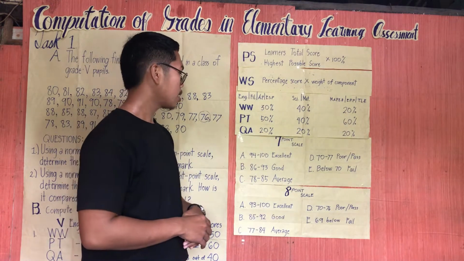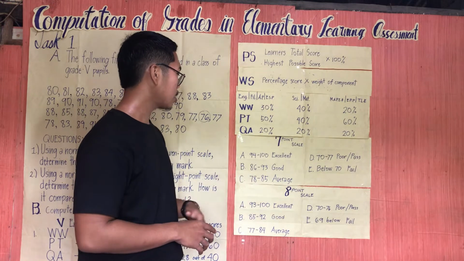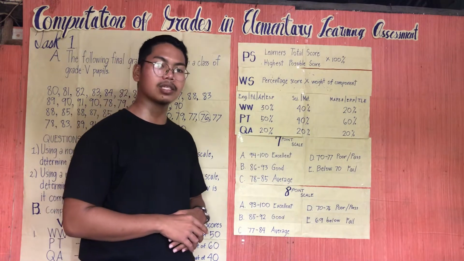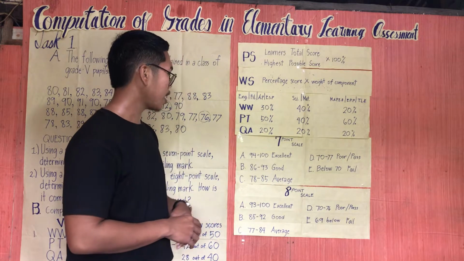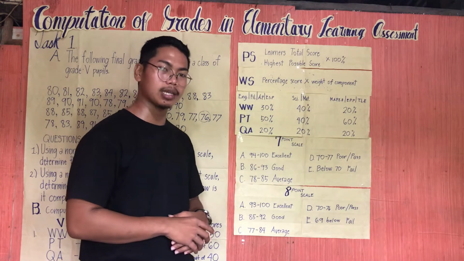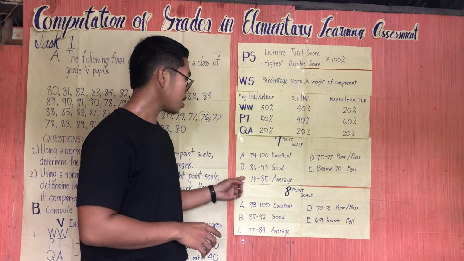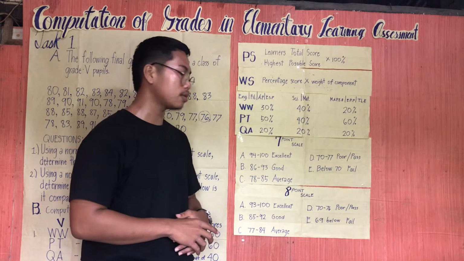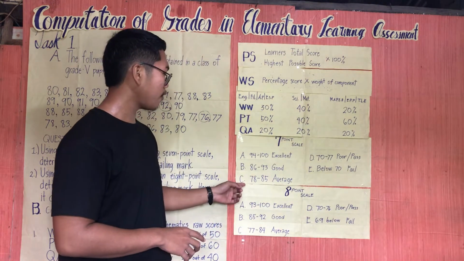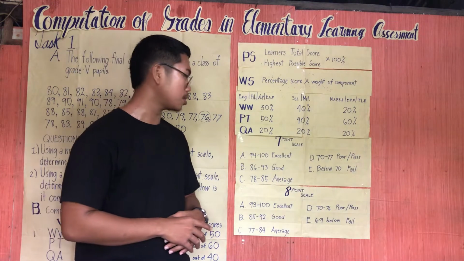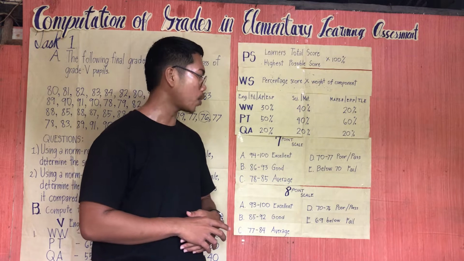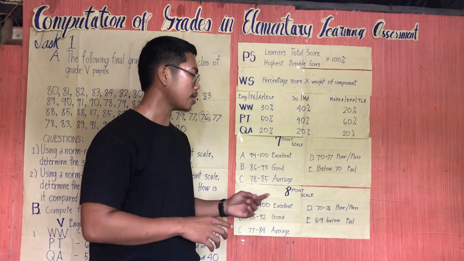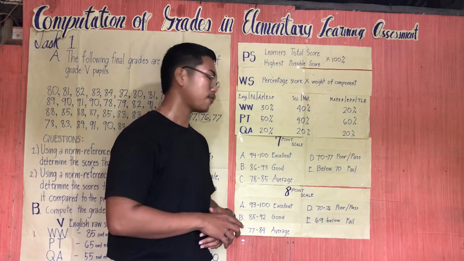A 7-point scale consists of 7-point gaps. For A, 94 to 100, excellent. For B, 86 to 93, good. For C, 78 to 85, average. For D, 70 to 77, poor or pass. And for E, below 70, fail.